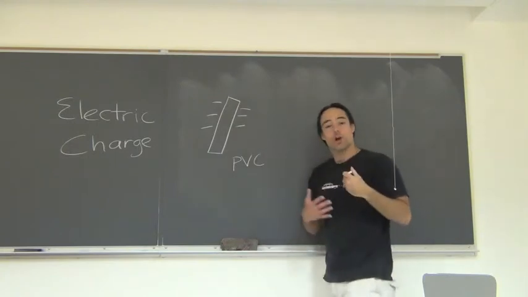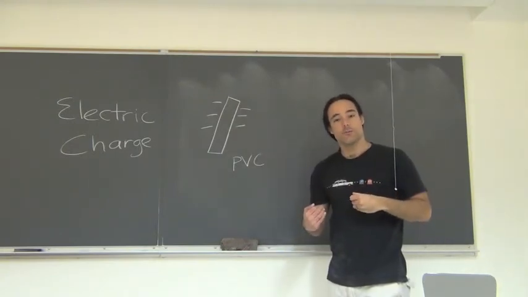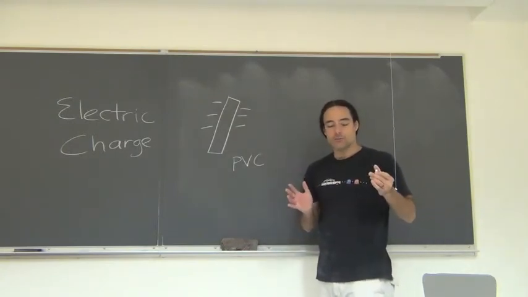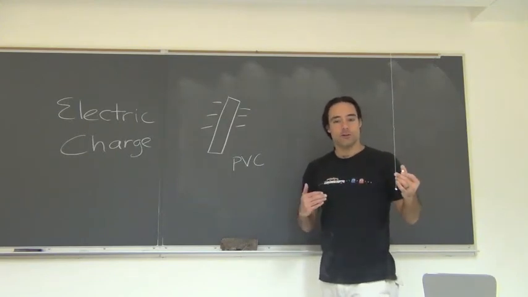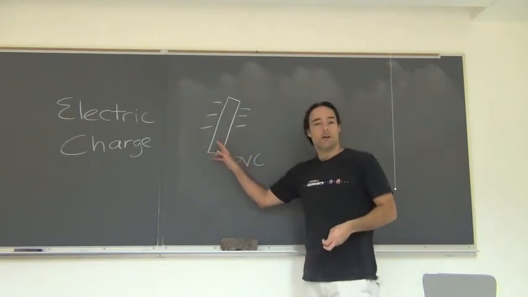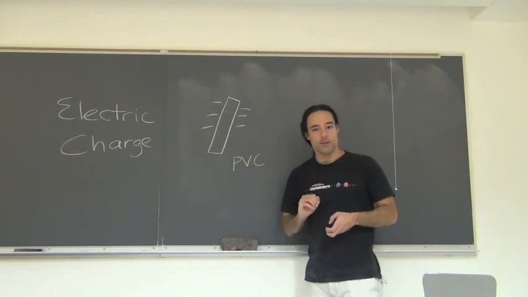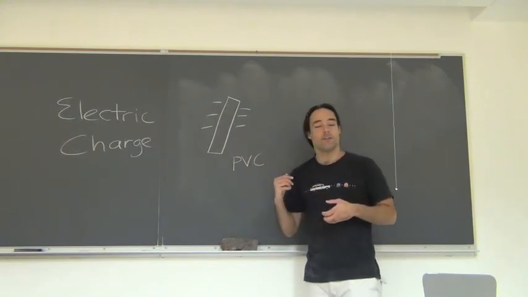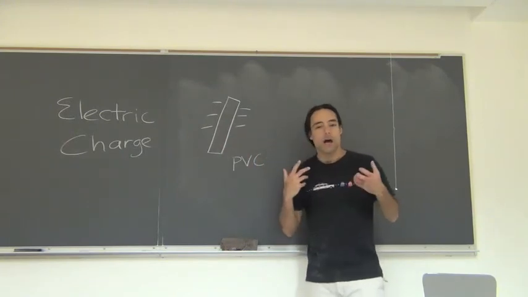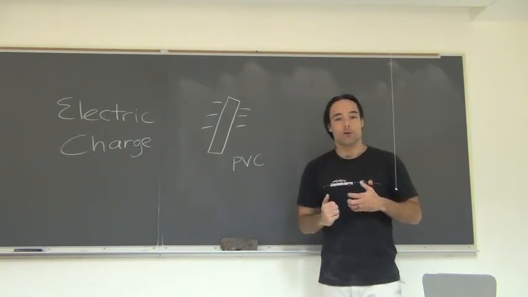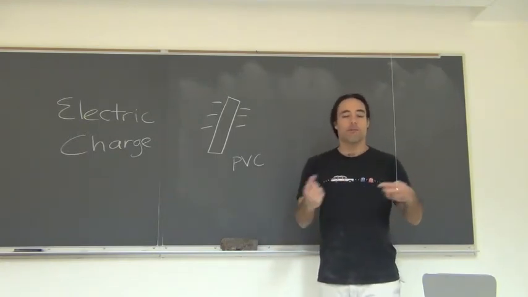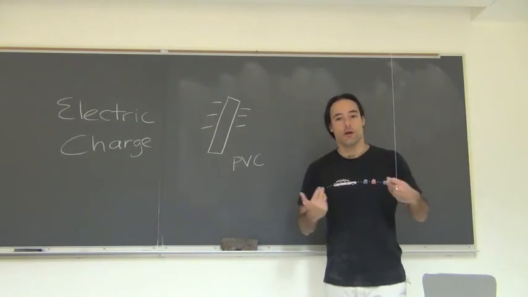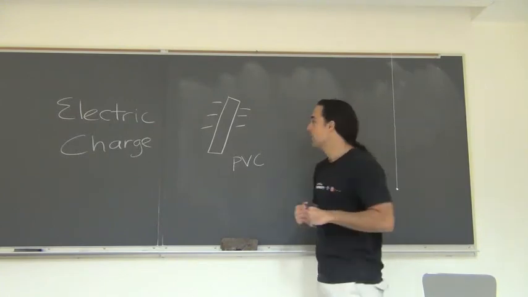And I'm going to call the charge on the glass rod positive. Now, it turns out there's not really a good way to tell which one's positive or negative. There's nothing particularly positive-y about the type of charge on the glass rod, or particularly negative-y for that matter. It's just a label that we put on it. Since we have two types, we're just going to call them positive and negative as a label.